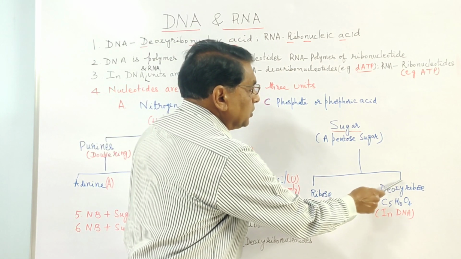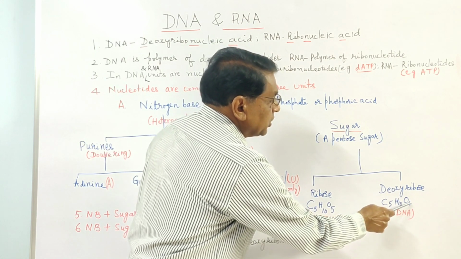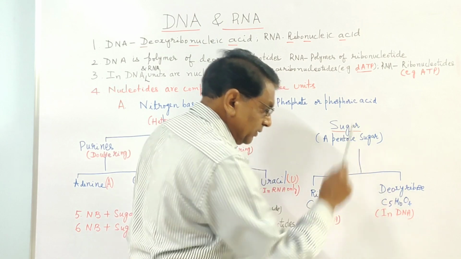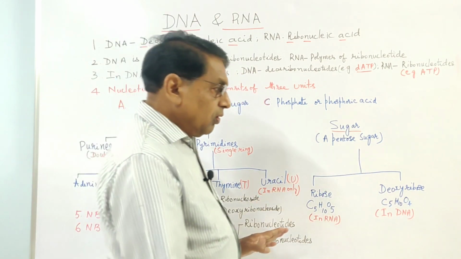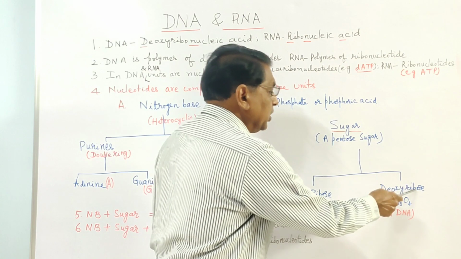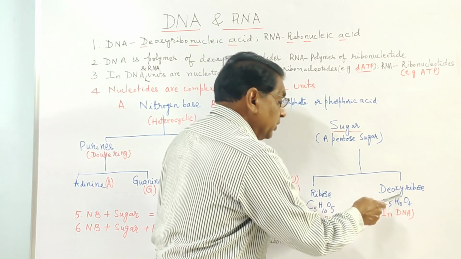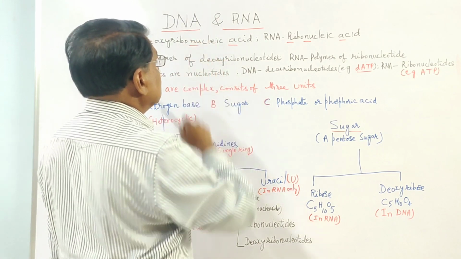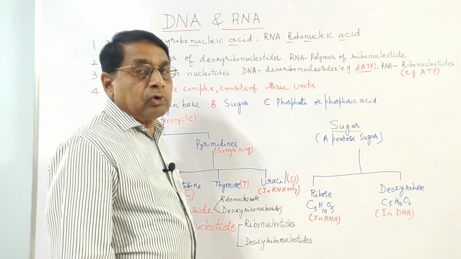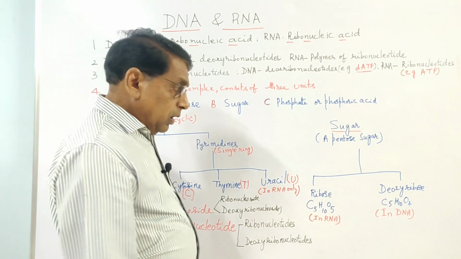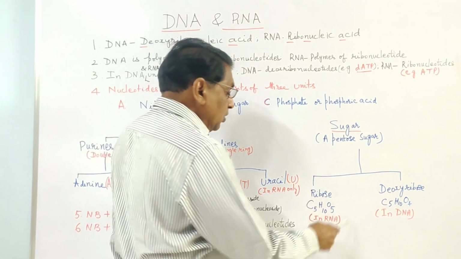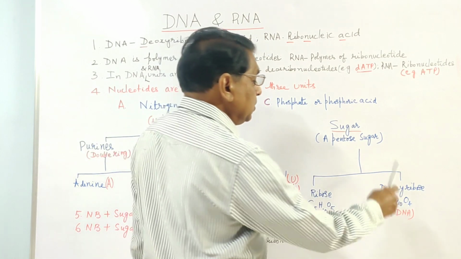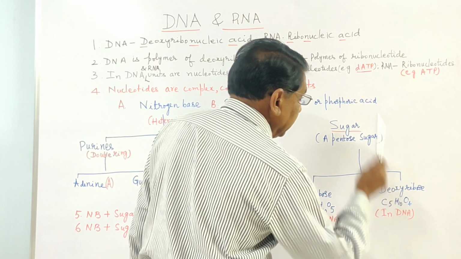And deoxyribose sugar is C5H10O4, one oxygen less here. Because of one oxygen less, it is known as deoxyribose sugar, and because of this, it is known as deoxyribonucleic acid, versus ribonucleic acid. Ribose is always present in RNA. Deoxyribose sugar is present in DNA.